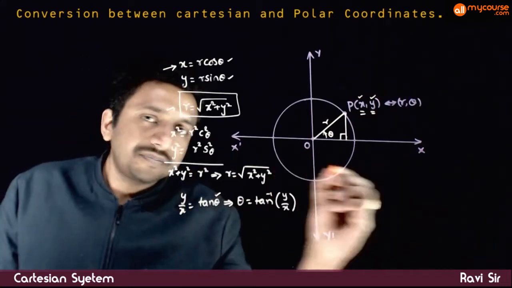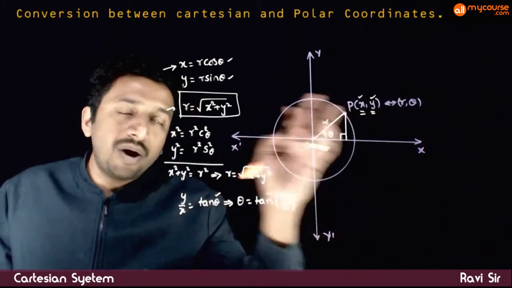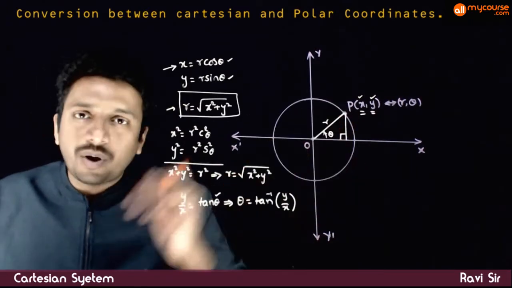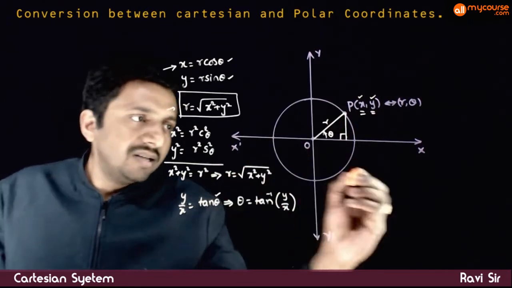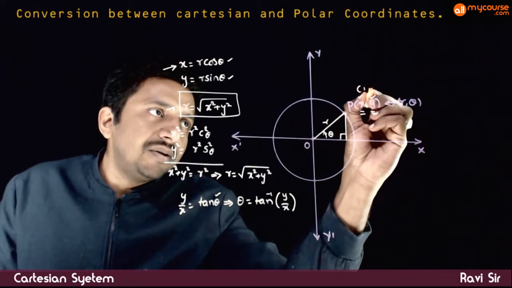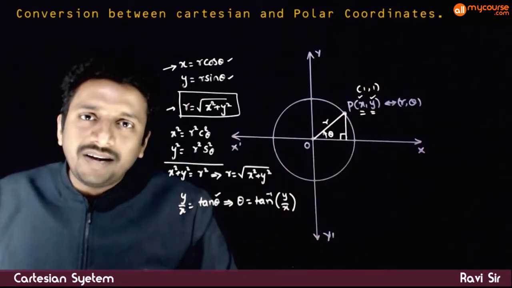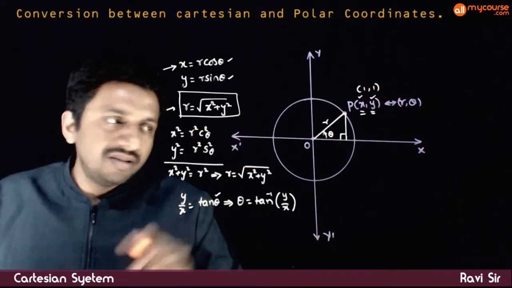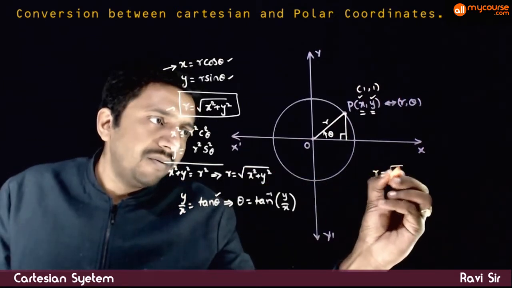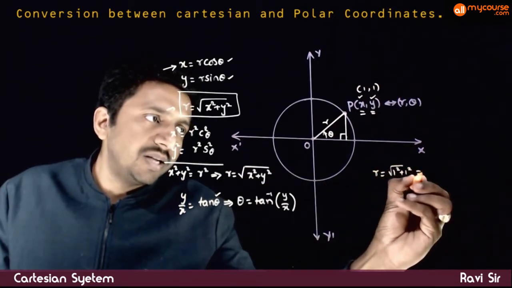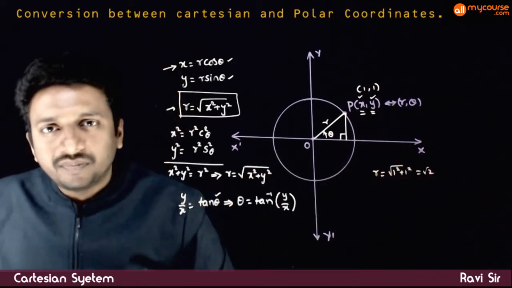For example, let us say that you have the point 1, 1. You have to find r and theta corresponding to this. So r is very simple, root of 1 square plus 1 square is equal to root 2.